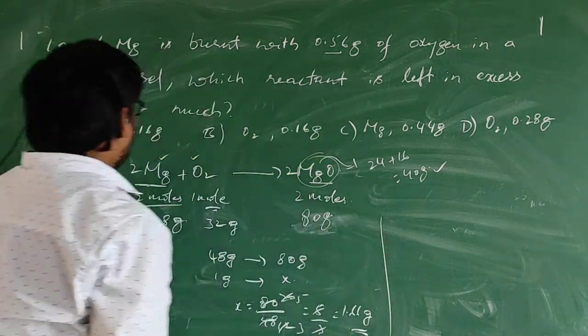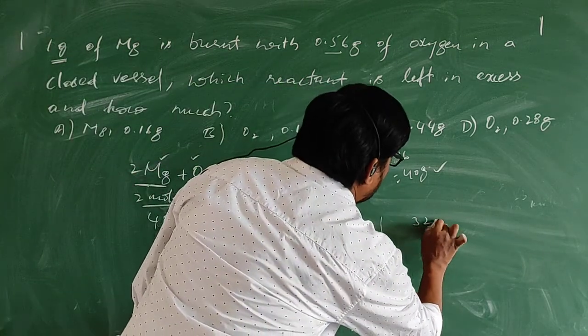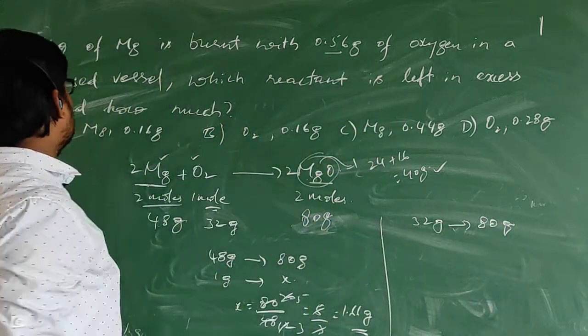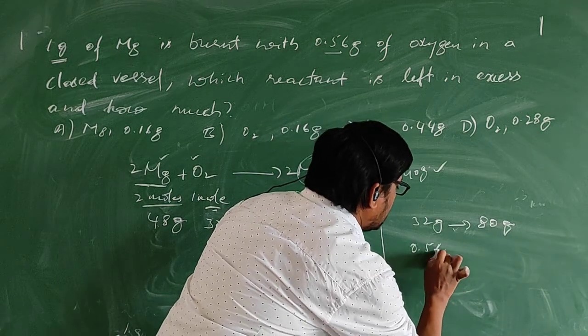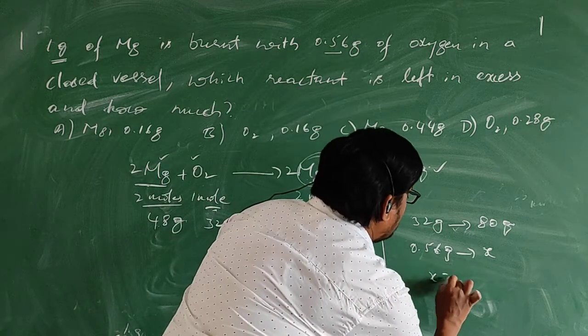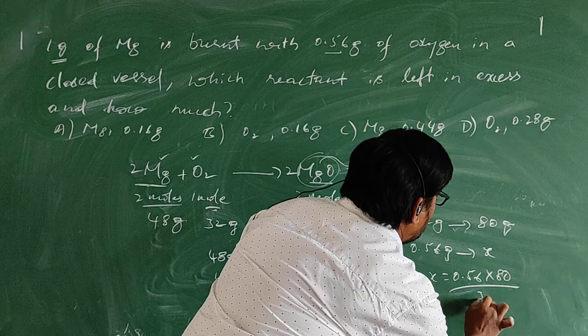In the same way, let us calculate for oxygen also. See, 32 grams of oxygen can form 80 grams of magnesium oxide. Then 0.56 grams will form how much? X, let us think. Then X will be equal to 0.56 into 80 by 32 only now.